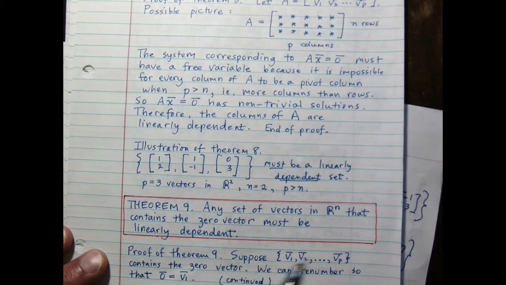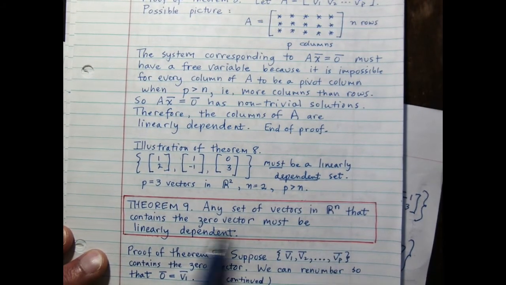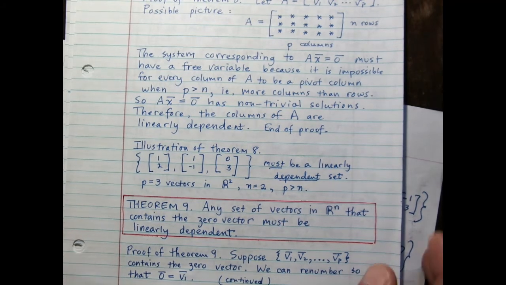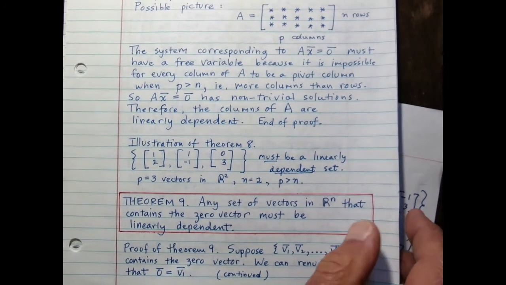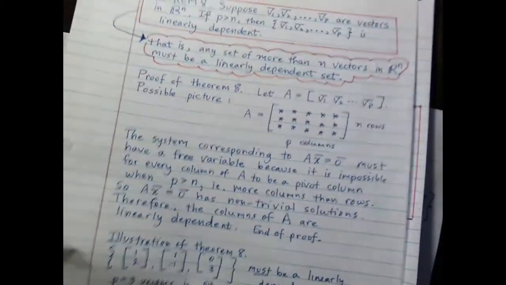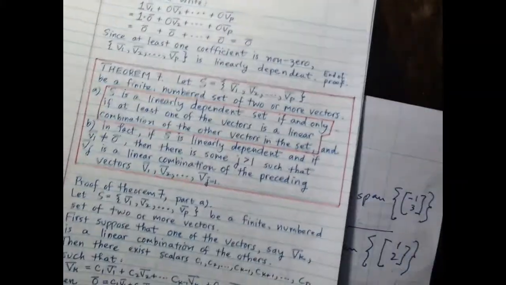Theorem 9: any set of vectors in Rn that contains the 0 vector must be linearly dependent, and that shouldn't be hard to remember. If you have a set of vectors where one of the vectors is the 0 vector, you can take a linear combination where you set all the weights equal to 0, except for the 0 vector.